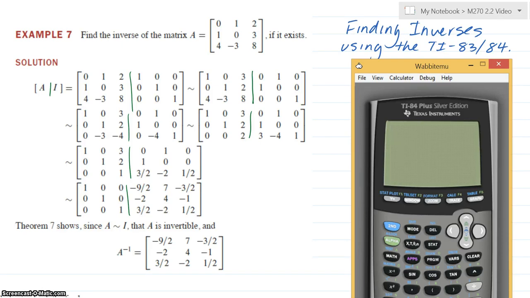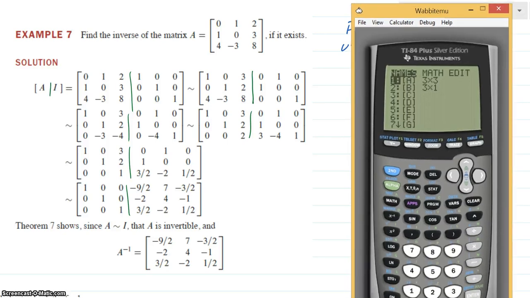So what we're going to do is go to matrix. It's the second function above x to the negative 1. I already have something in A or B, which you could change, but for simplicity, I'm going to move down to 3 and edit that. Actually, I think I need to edit first and then move down to 3.